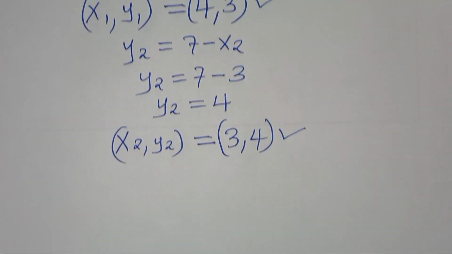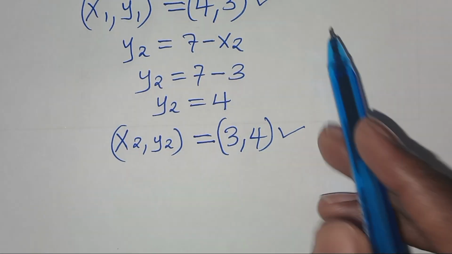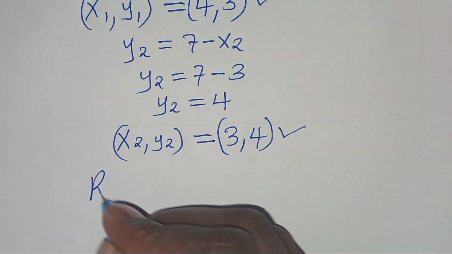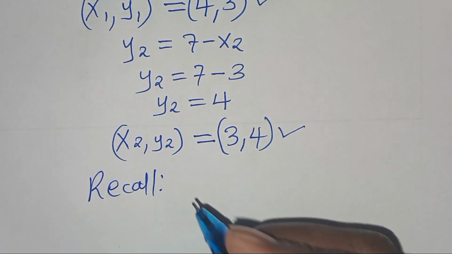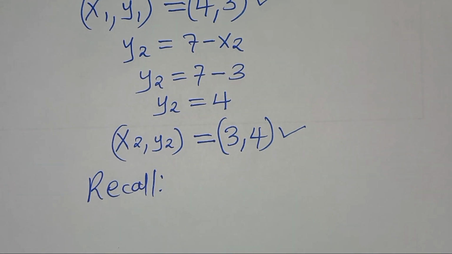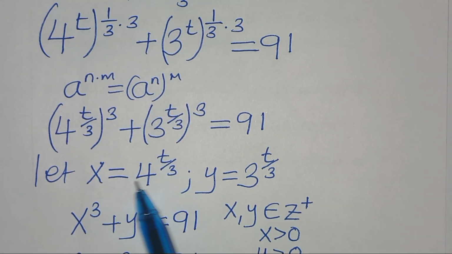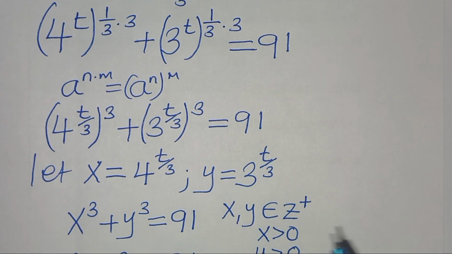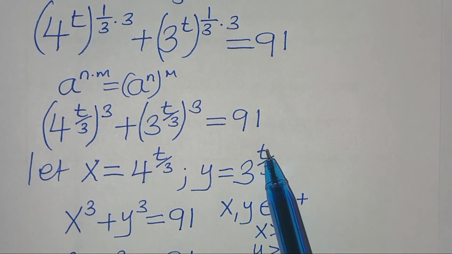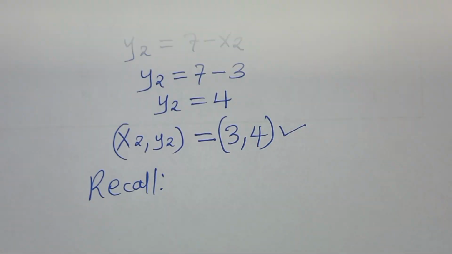Okay? Now, from here, if you recall, to solve for the value of t, we are saying that let x be equal to 4 to power t over 3 and y be equal to 3 to power t over 3.